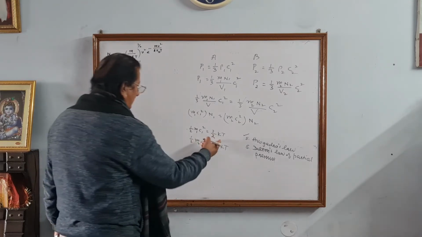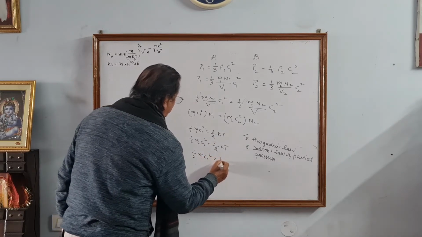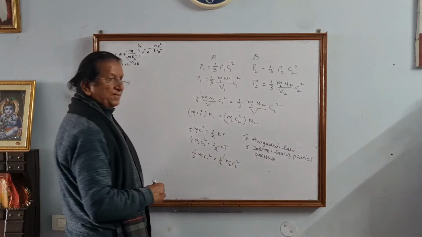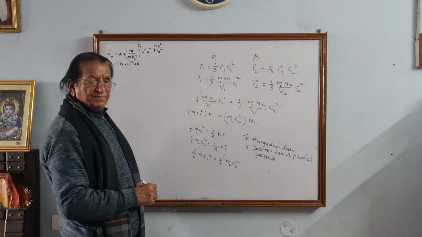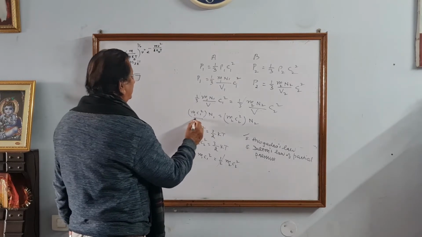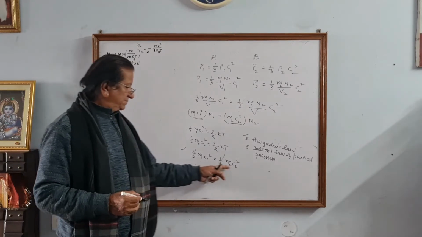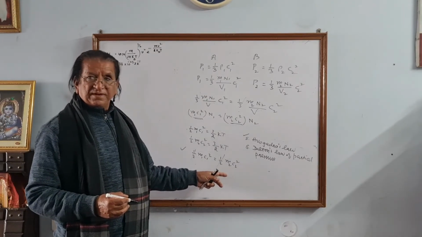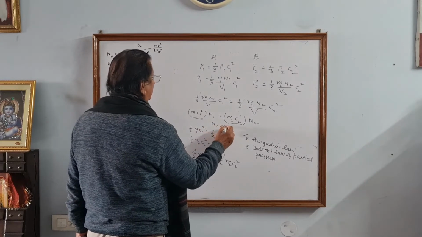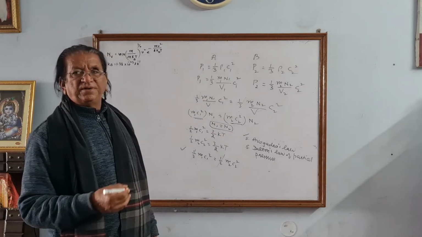So these two are equal. That means 1/2 M1 C1 square is equal to 1/2 M2 C2 square. This gets cancelled. Making use of this, M1 C1 square is equal to M2 C2 square. Then we will be left with N1 is equal to N2. Same number of molecules.